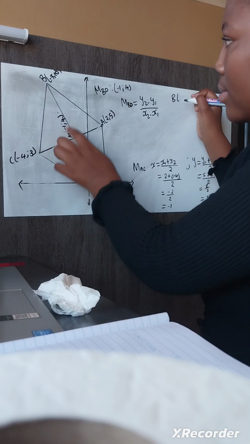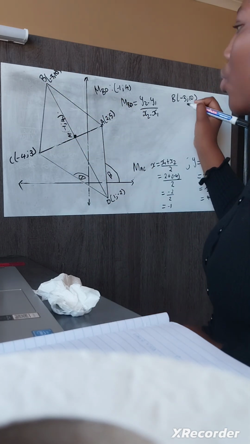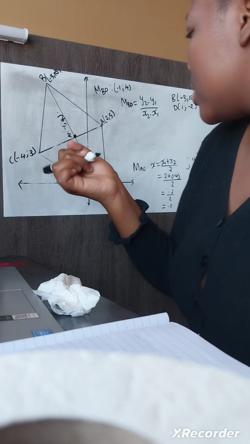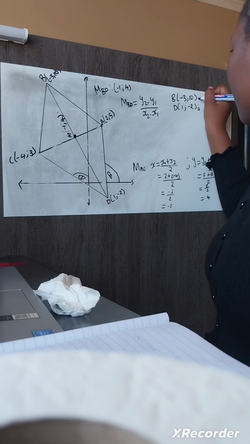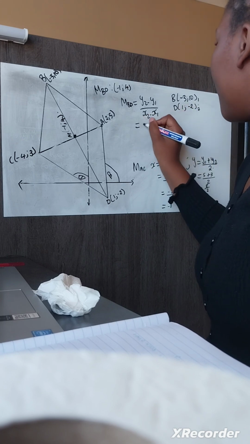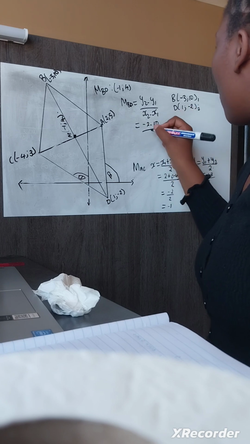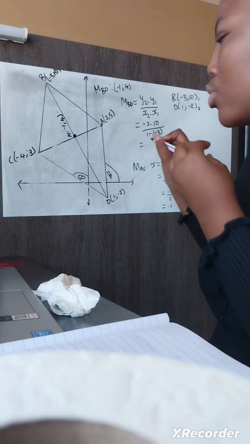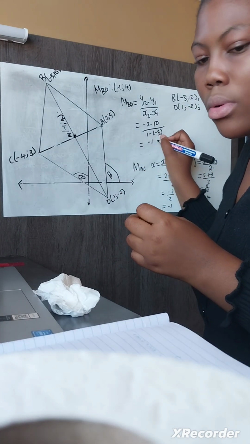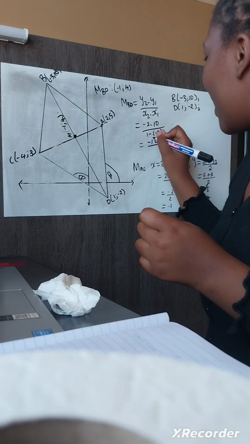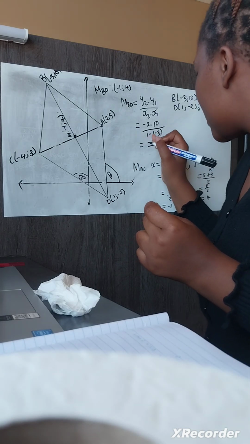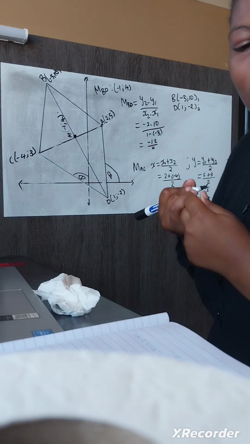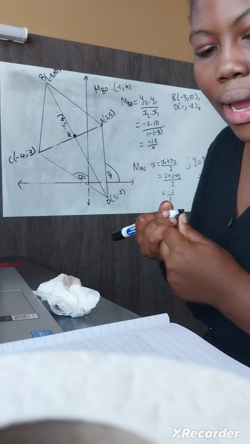The coordinates of B are (-3, 10) and D are (1, -2). Taking D as our 2 and B as our 1, I will have (-2 minus 10) all over (1 minus -3). -2 minus 10 is -12, all over 1 plus 3, which is 4. Am I right?